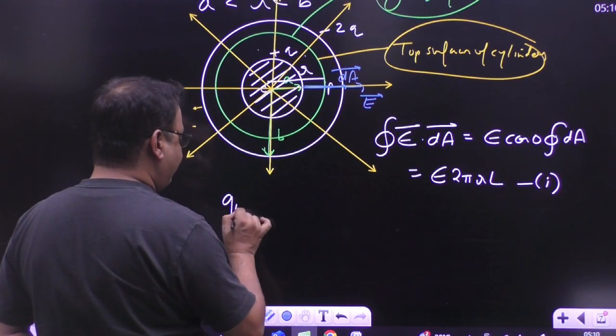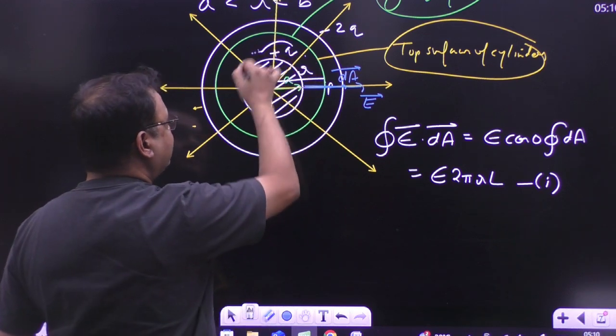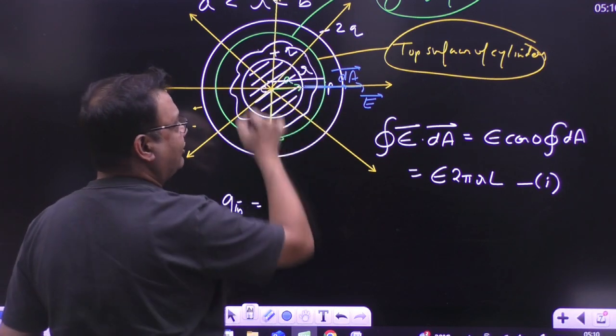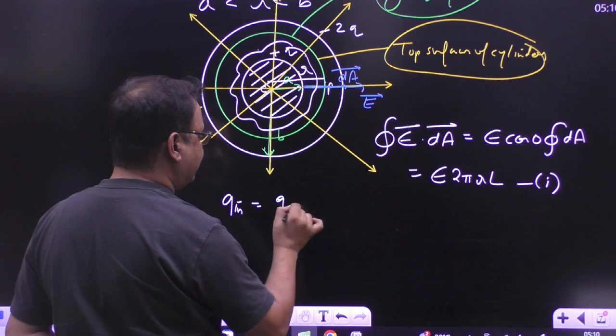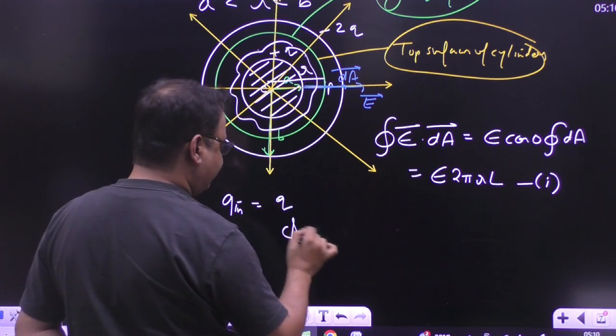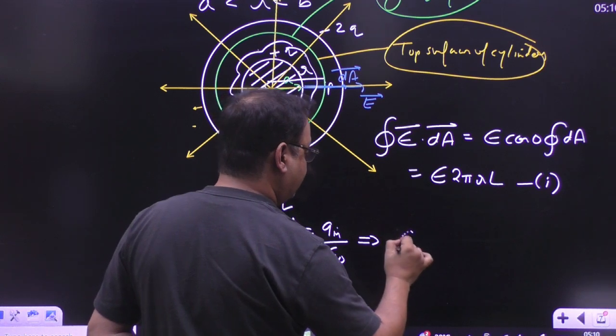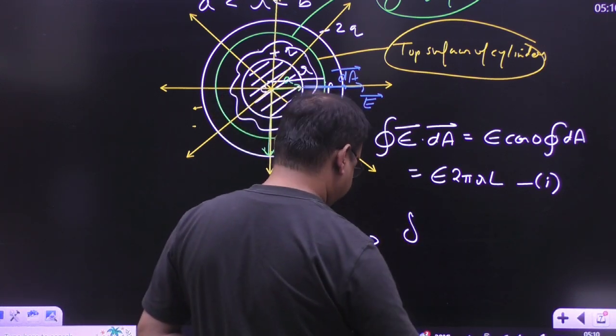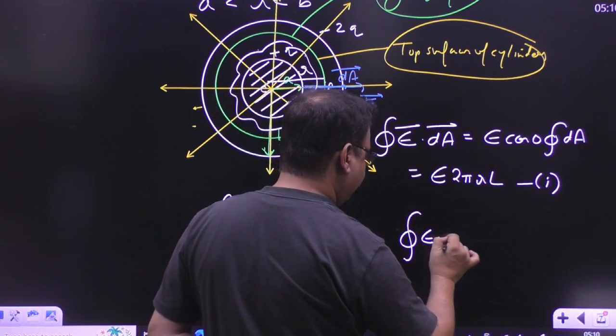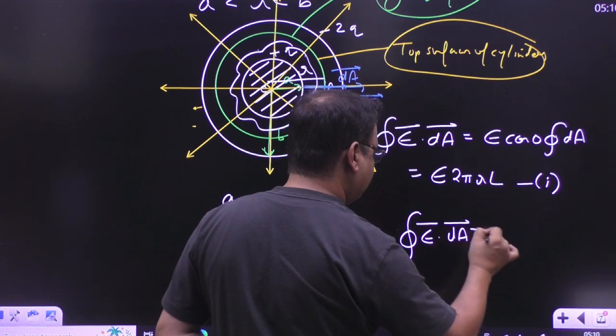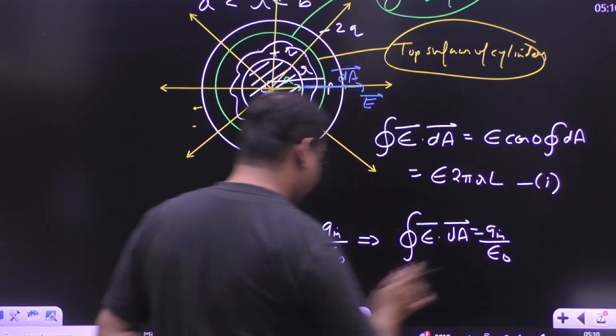Now what is the value of Q in? This much charge is inside this green Gaussian surface. So Q in is simply Q. Now apply Gauss's law: flux is equal to Q in by epsilon naught. So the integral of E dot dA is Q in by epsilon naught.